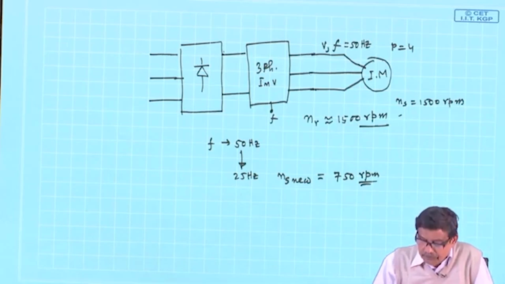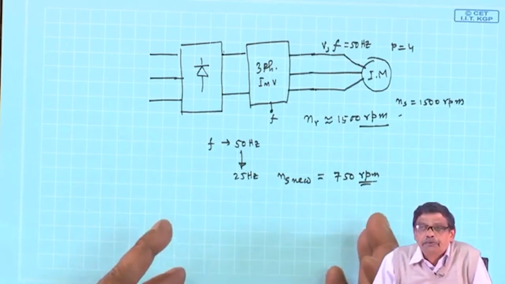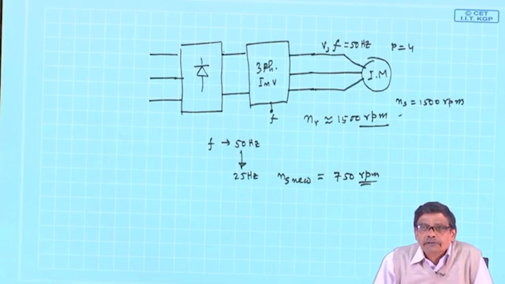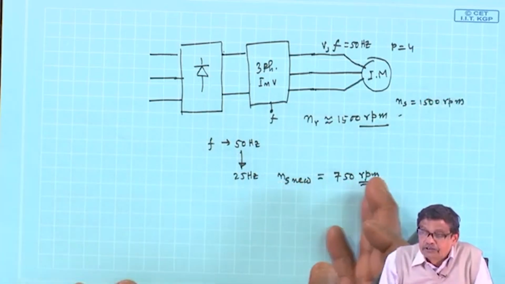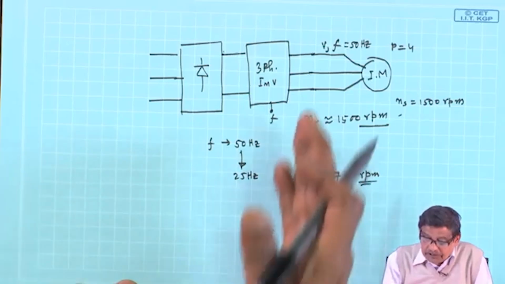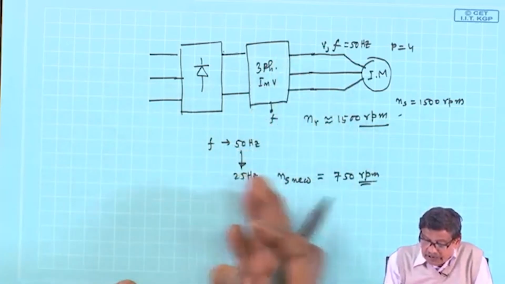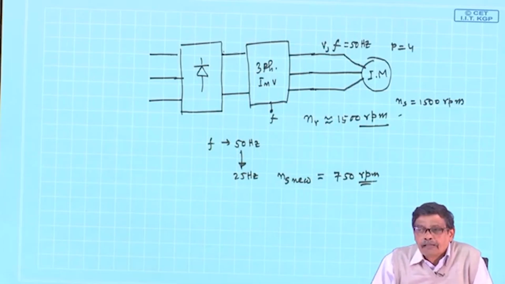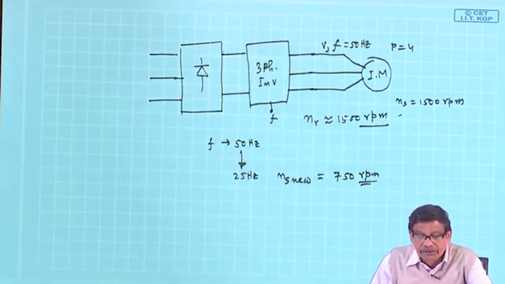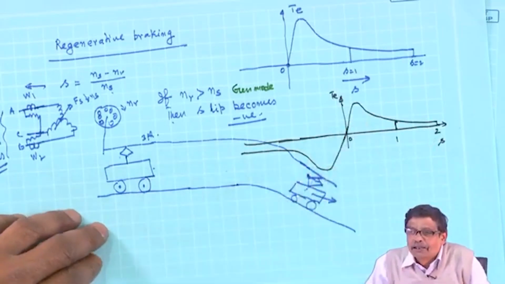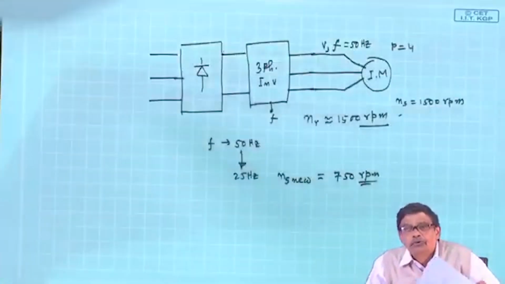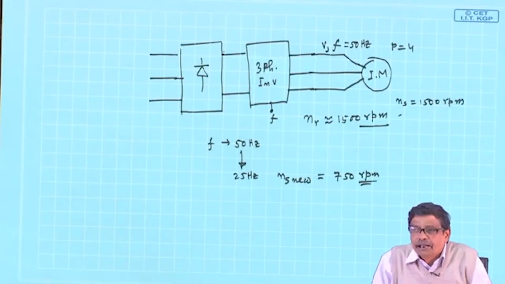So in which situation has it been put now? The rotor speed is much higher than the synchronous speed at which the field is moving when the supply is 25 hertz. Therefore, this negative zone applies for this motor, and the motor will give you negative torque.